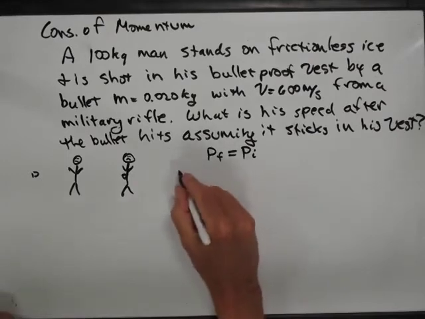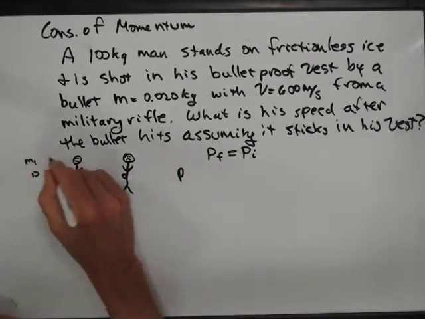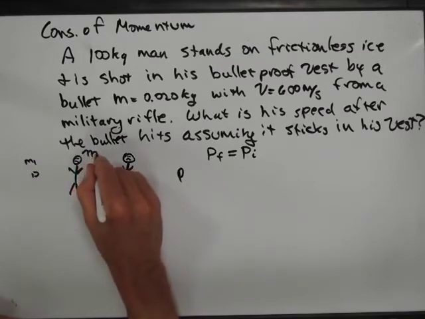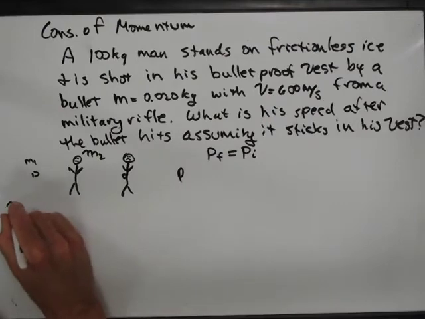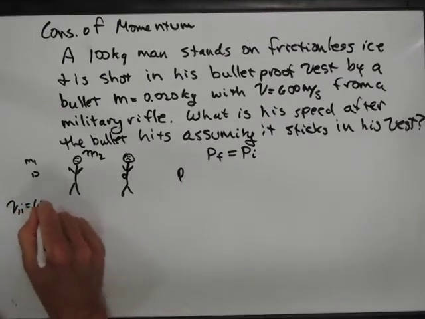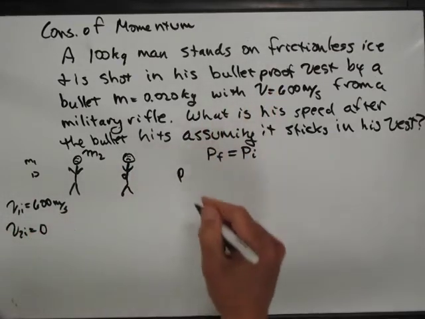We'll call the bullet M1 and this guy M2. So V1 initial is 600 meters per second, and V2 initial is equal to 0 because he's just standing there.